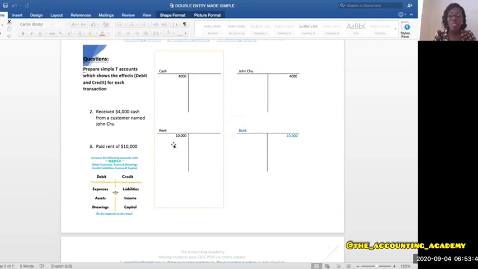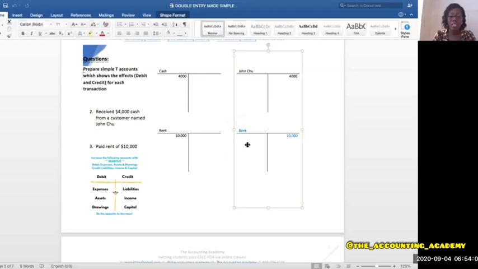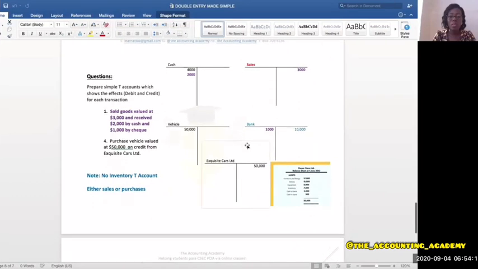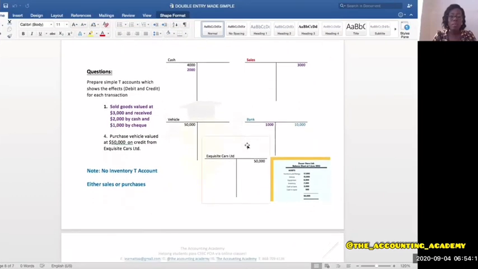So 10,000 is going under the debit side of your rent account, and 10,000 is going under the credit side of your bank account, because bank is an asset, and if we are paying rent, that means our asset account is going to decrease. Yes, fantastic. So let's look at question 1 and question 4 quickly before we wrap up.